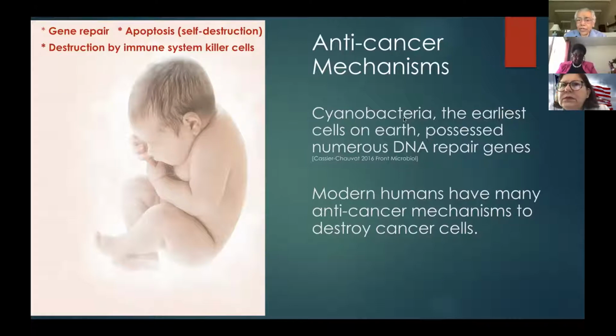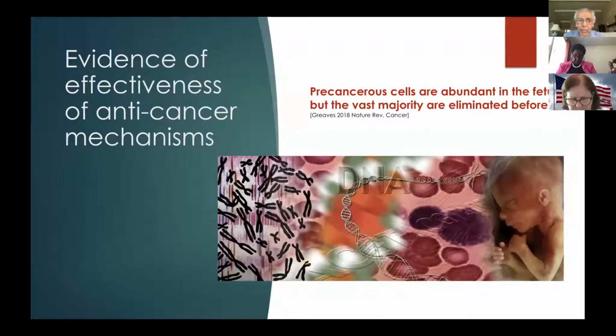For example, starting with the earliest cell on the earth, they had mechanisms to repair any genetic mutation. And modern humans have the apoptosis, which is the mechanism to self-destruct, or immune system that can kill an uncontrolled division or stop the division of a cancer cell.